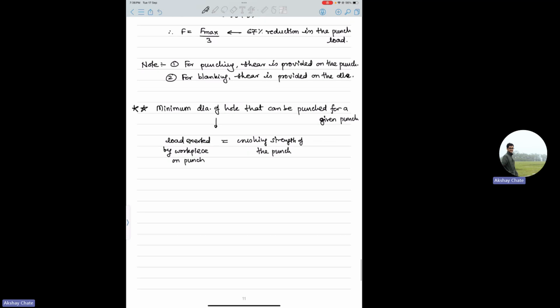If you do that, this will be the tau ultimate of the workpiece into perimeter into thickness. And the crushing strength of the punch is a material property, given in the question, and it will be acting on this pi d square by 4 area, right? So that is the minimum.